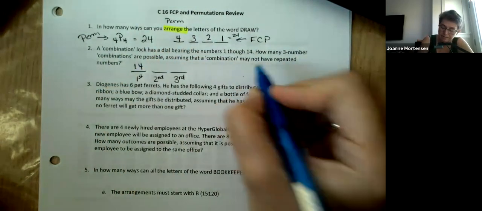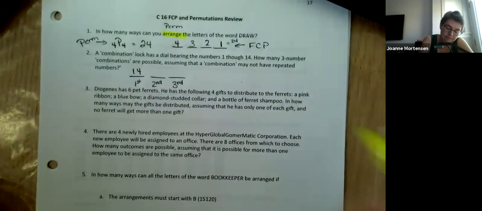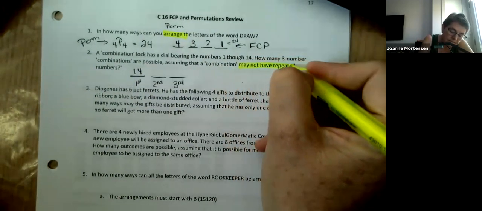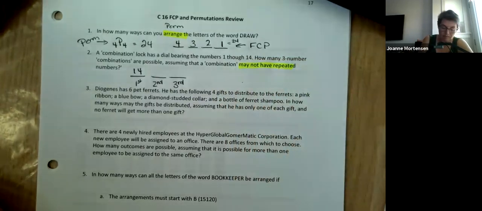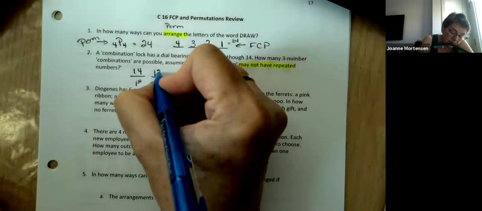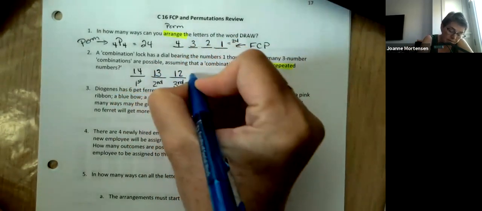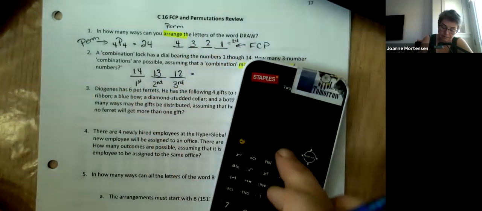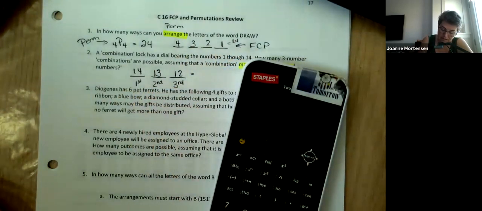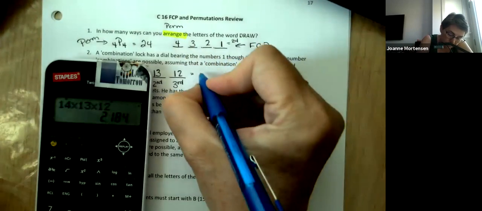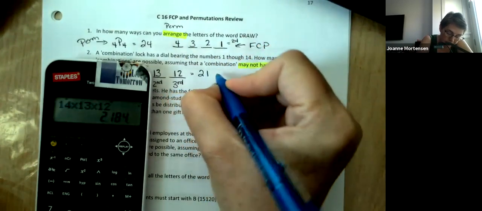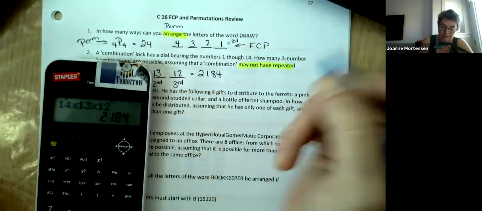Now, it says you can't repeat. So once I've used a number, let's say I used 10 first, it's out of the running. So then it's going to be 13 and 12. 14 times 13 times 12 is 2,184 ways.